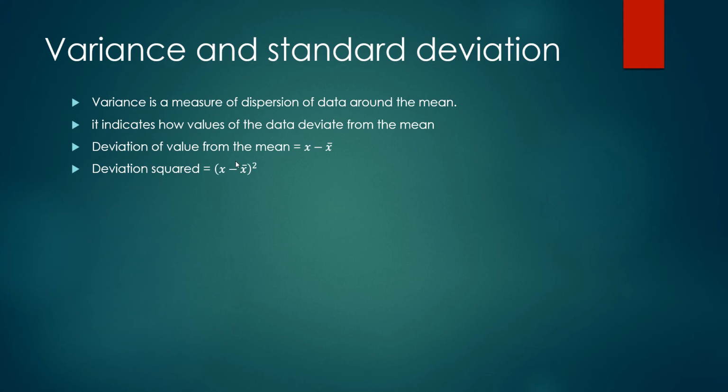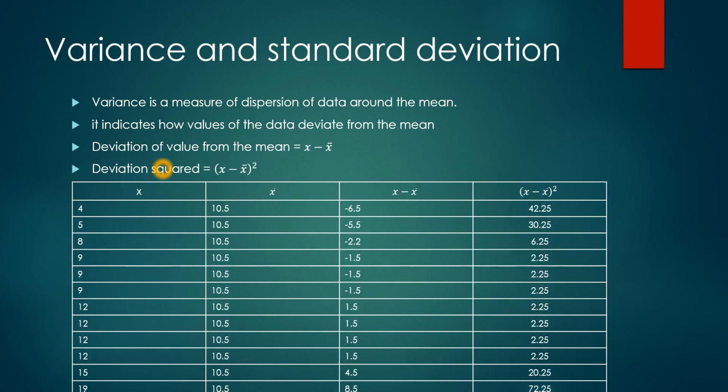That value is called the deviation square. If you look at our previous table, we had 12 months of the year. These are the values, the number of children born, from lowest to highest. In our previous slides, remember, we got the mean, x bar, to be 10.5. So the mean is constant for all of them.